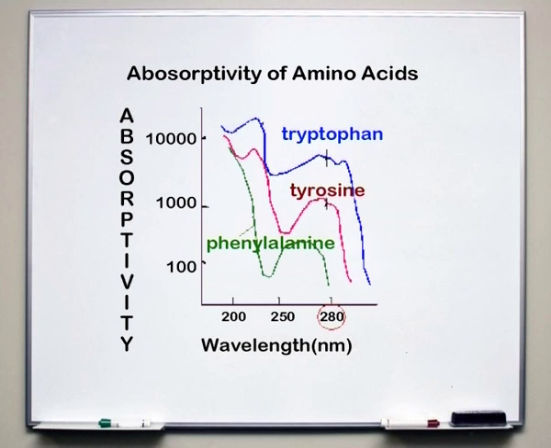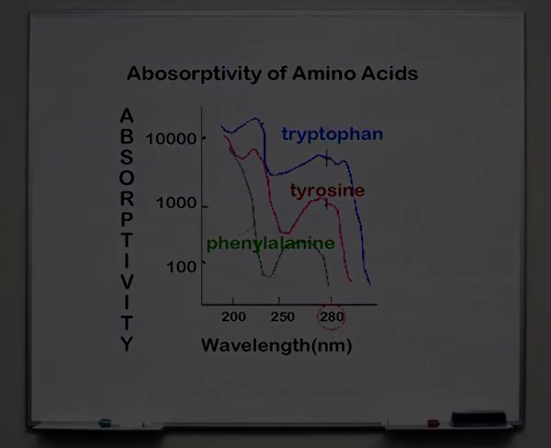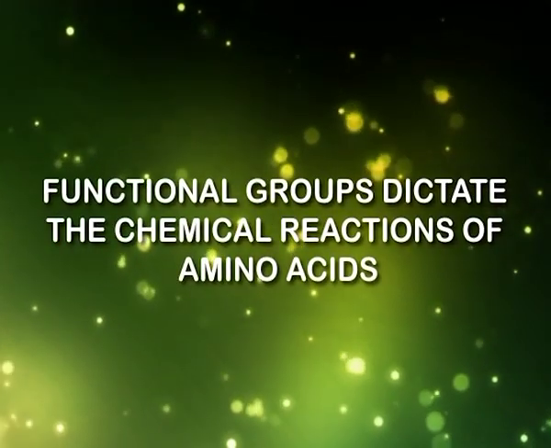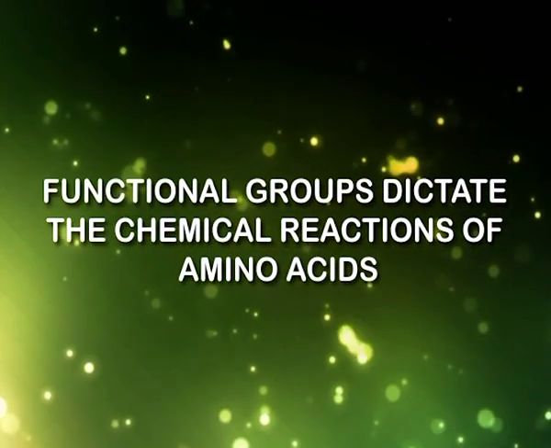However, as mentioned earlier, tyrosine, phenylalanine, and especially tryptophan absorb ultraviolet light, which is in the range of 250 to 290 nanometers. Functional groups determine the chemical reactions of amino acids. Each functional group in an amino acid exhibits all of its characteristic chemical reactions.